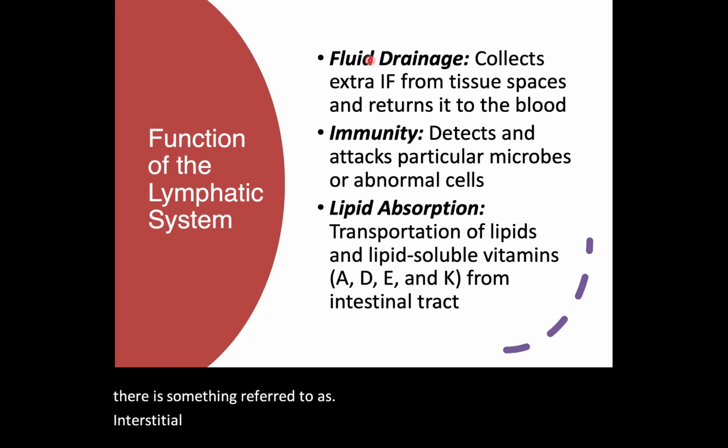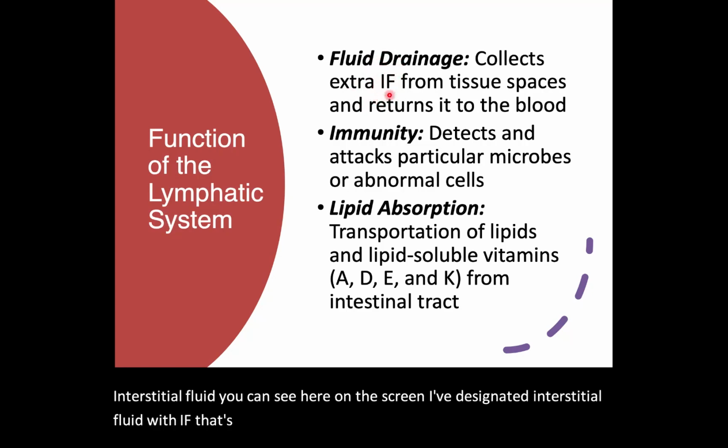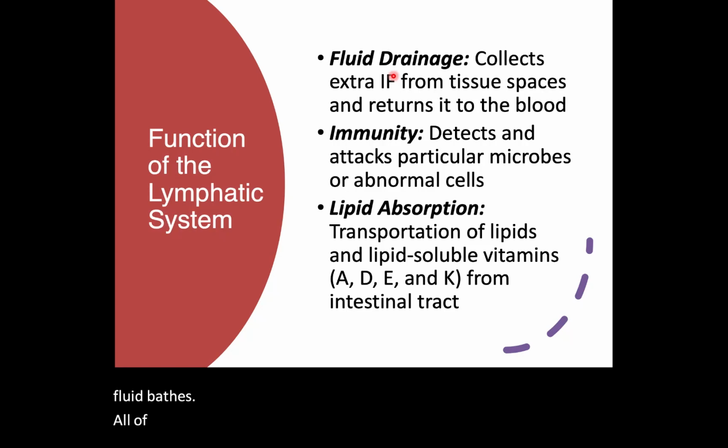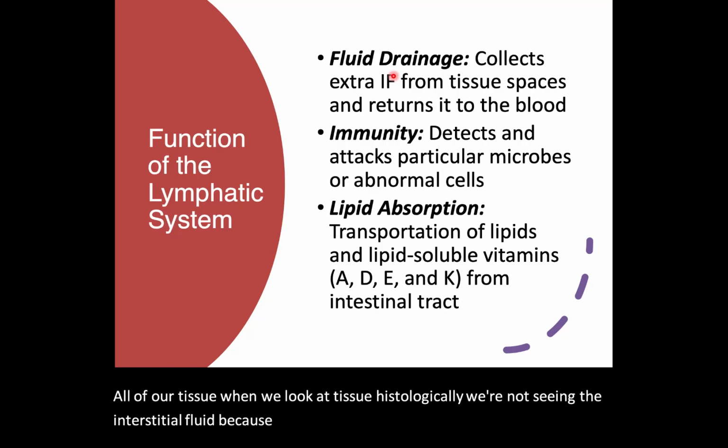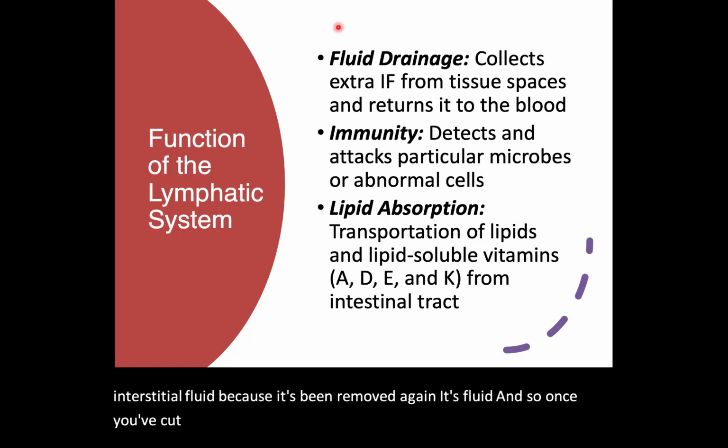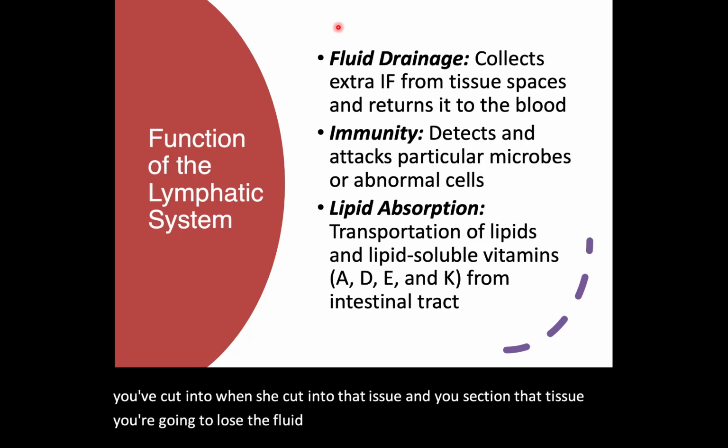You can see here on the screen, I've designated interstitial fluid with IF. And this interstitial fluid bathes all of our tissue. When we look at tissue histologically, we're not seeing the interstitial fluid because it's been removed. Again, it's fluid, and so once you've cut into the tissue and you section that tissue, you're going to lose the fluid. But understand that there is fluid bathing all of those tissues.